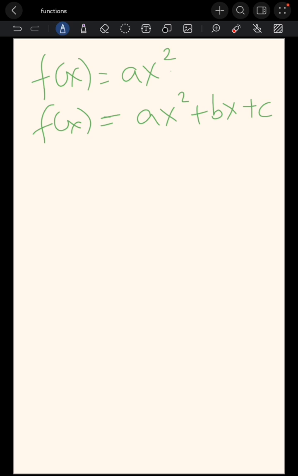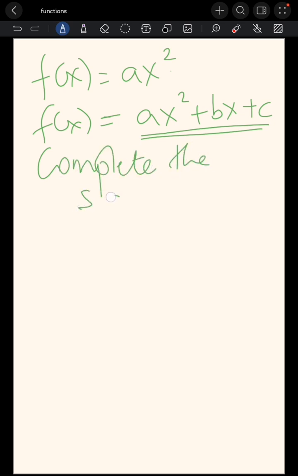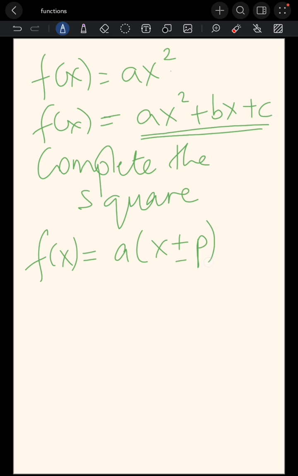And if we complete the square, we can always write this equation as f of x is equal to a(x plus or minus p) squared plus q. This equation can be converted into this form.